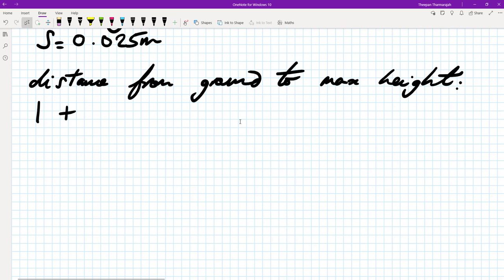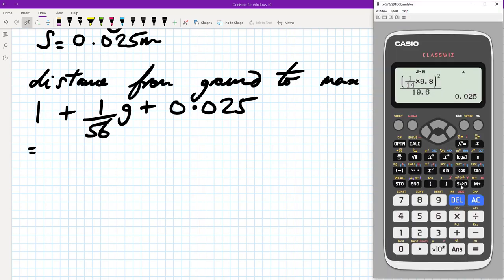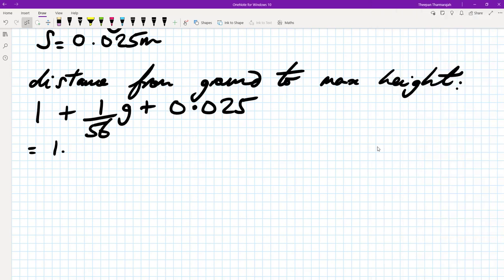So we need to add that, 1/56 g, plus the distance when the string breaks to maximum height, which is 0.025. Now we can work this out on our calculator: 0.025 plus 1/56 times 9.8. And that'll give me 1.2 meters.